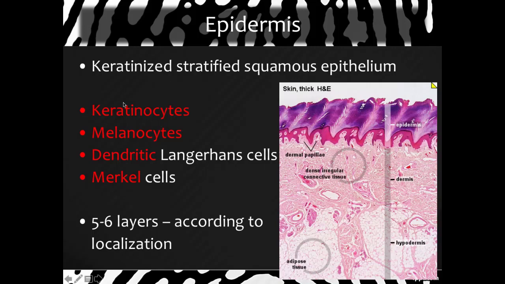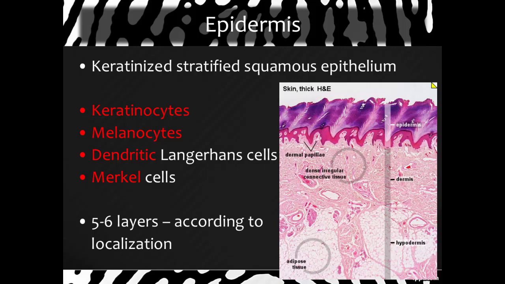The first and most numerous are the keratinocytes. Keratinocytes are specialized epithelial cells, which are the predominant cell type of the epidermis. They produce keratins, especially cytokeratins, which are the major structural proteins of the epidermis.